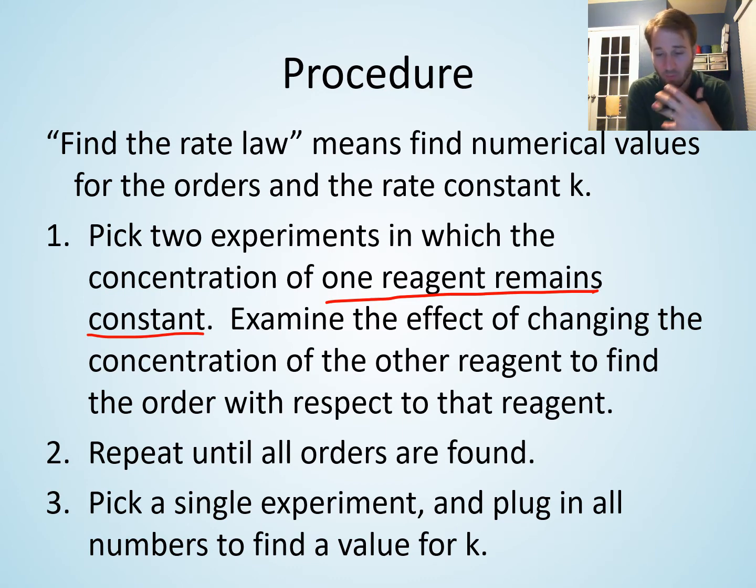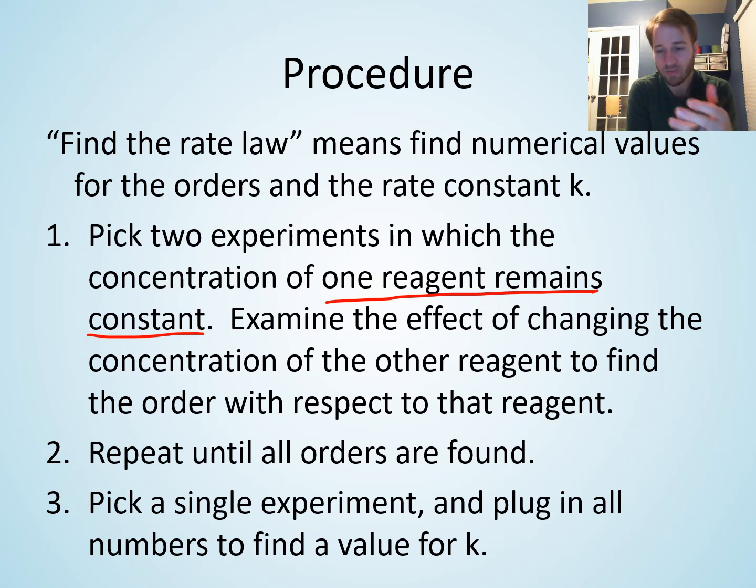If I want to look at how the rate depends on the concentration of A, I should leave everything else the same and just change the concentration of A. If I double the concentration of A and the rate doubles, then that would tell me that my reaction has an order of 1 with respect to A, okay?